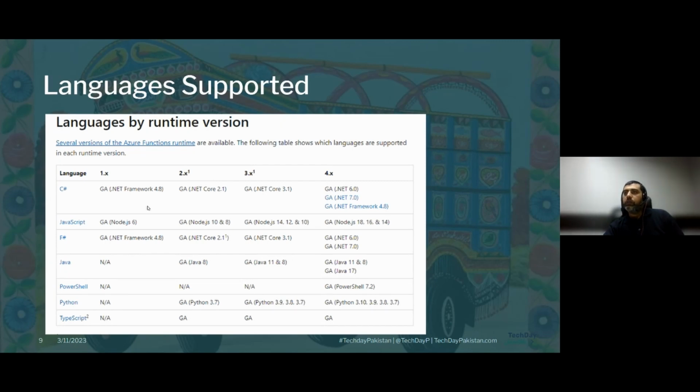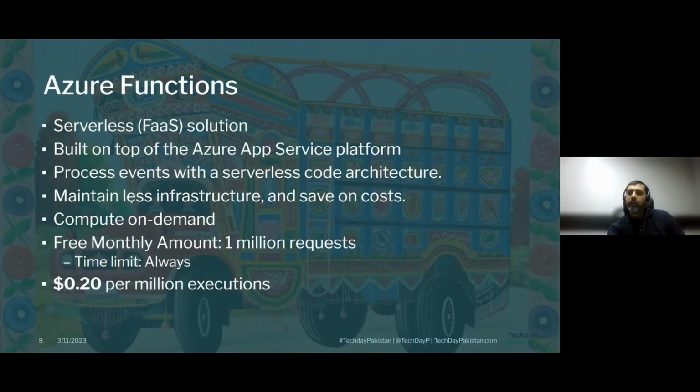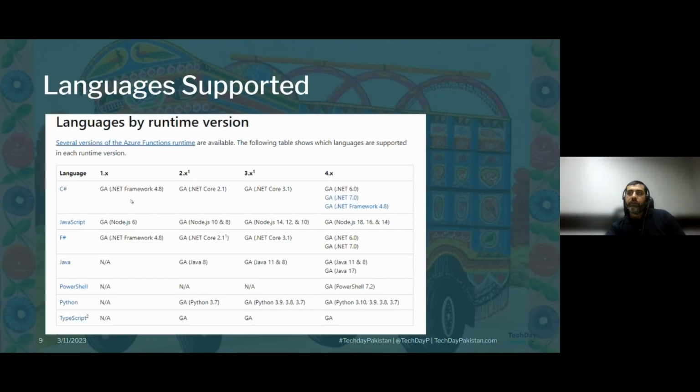Okay, so another benefit of Azure functions is that they support many languages, right? If you see the whole picture, these are small self-contained functions which you can use by requesting them or through events.